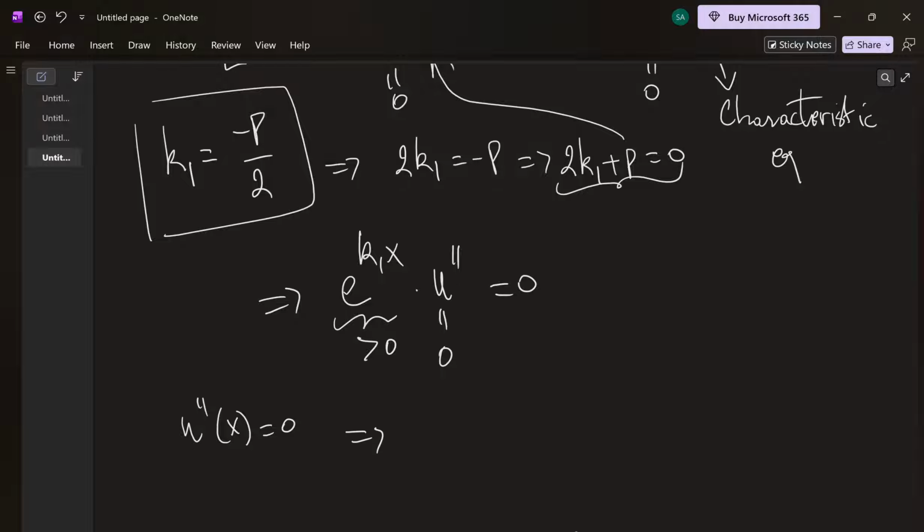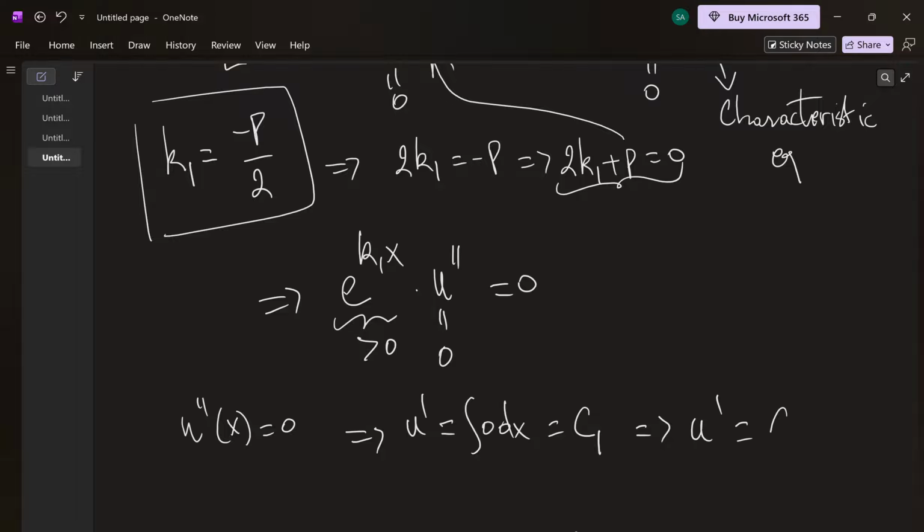Simply we take the first integral, we get u prime is equal to the integral of 0 dx, which is simply a constant. Let's call it, for example, C1. The first constant is C1.